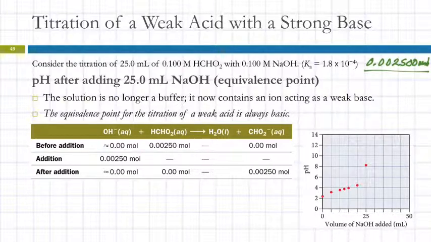And we have to divide by the total volume in liters, right? 25 and 25 is 50, and so that's 0.0500 liters. 0.00250 divided by 0.05. So I've got a molarity here of 0.0500 molar HCHO2 minus.